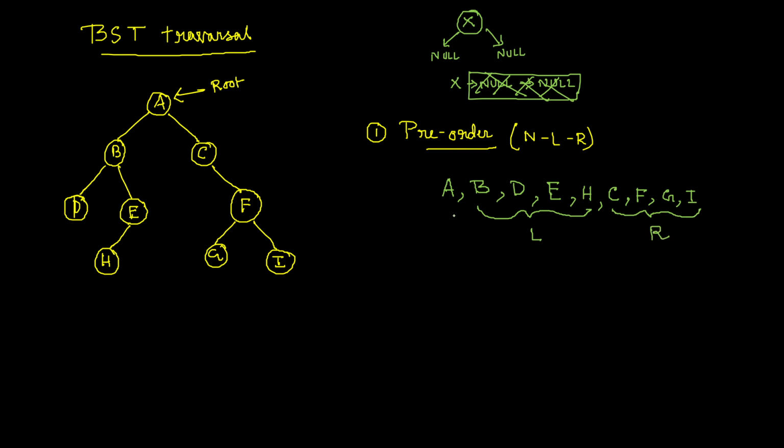So this was your node, this was your left subtree, and this was your right subtree with respect to the original tree, and that's why you have completed. So this is a way we can do the pre-order traversal.